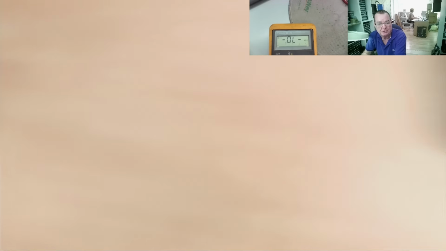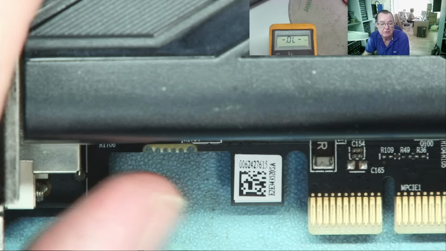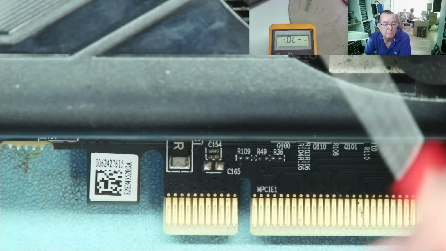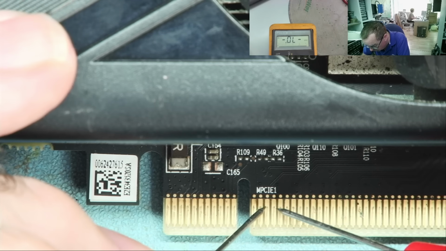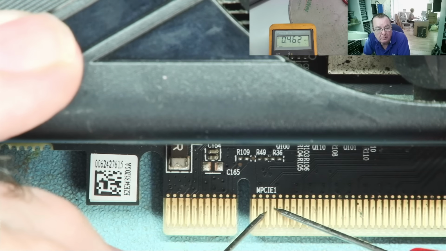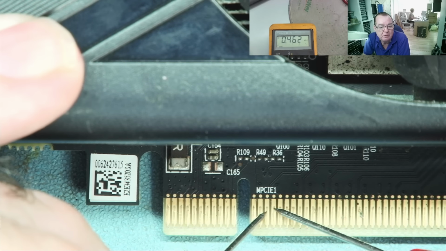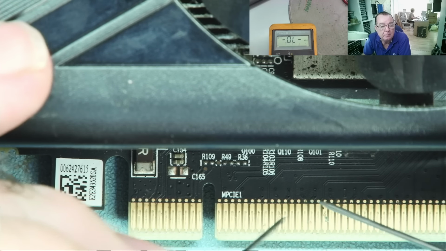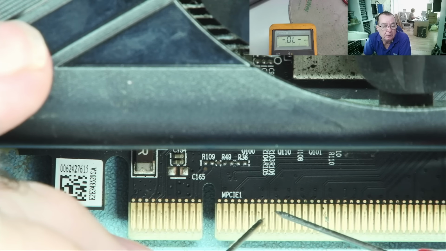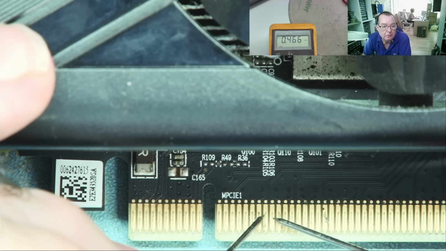And I'll do the same actually on the other side for completeness. Just on the first line, that's the one I'm really interested in. If you want to, you can go right across the board and test them all. So again, they're not shorted to each other, okay? Much the same on this side. All the ones, if you read from one to another, just find another lane, one here. Should read about the same.